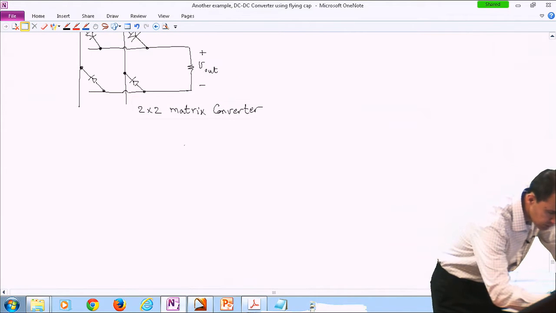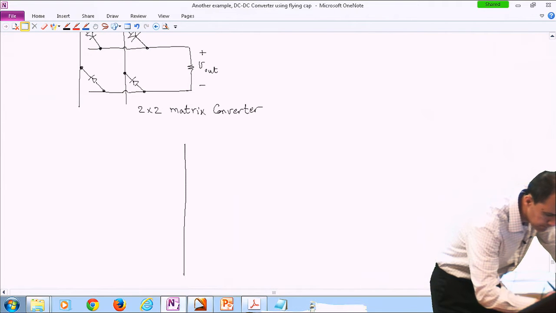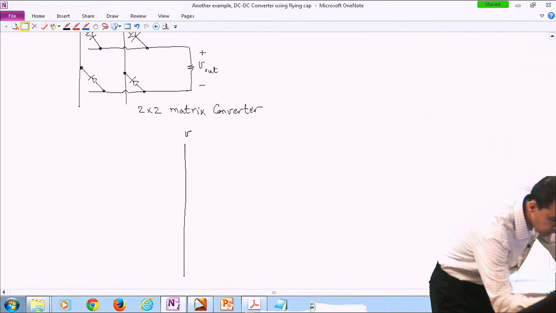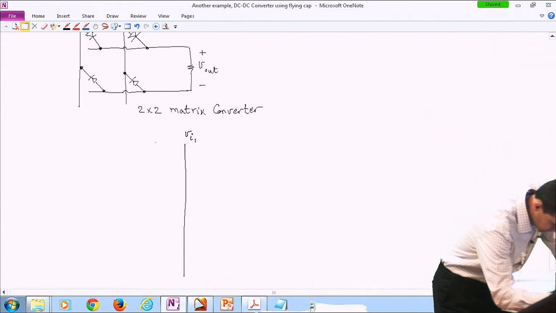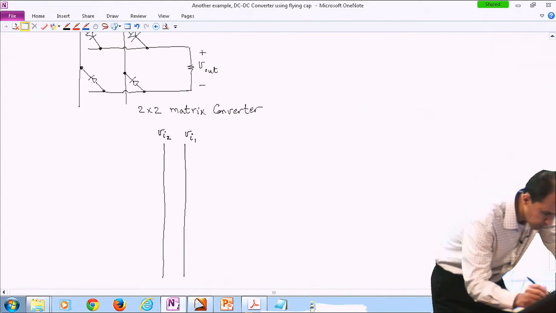So let's say I have a bunch of lines here, like VI1, VI2. These are all input voltages, stiff input sources. VI3.